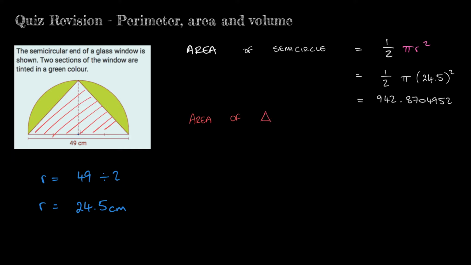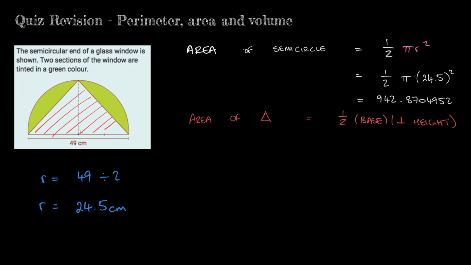Okay, so the area of a triangle is half the base times the perpendicular height.